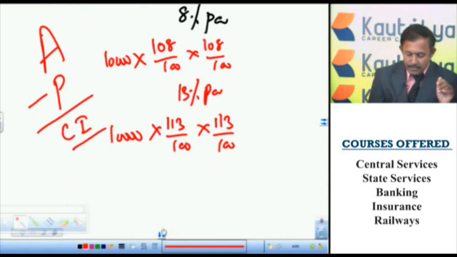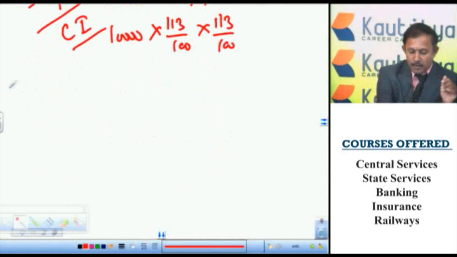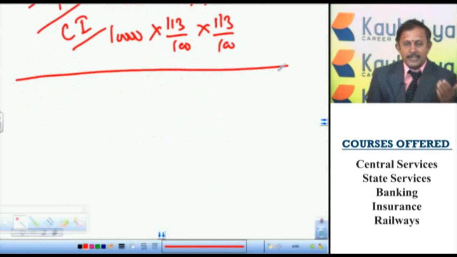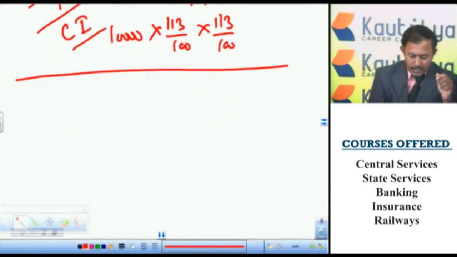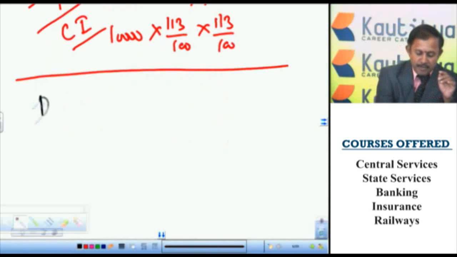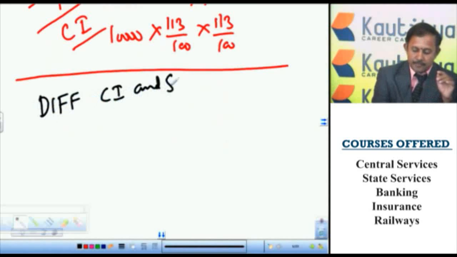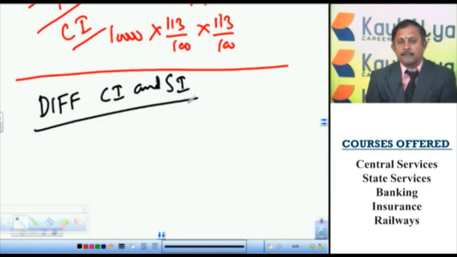Next, one more point is, if you observe different bank examination papers or different staff selection commission examination papers, the most repeatedly asked question is the difference between compound interest and simple interest. Most commonly asked question.